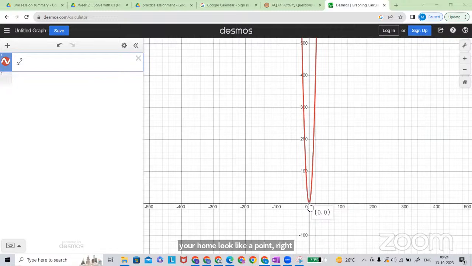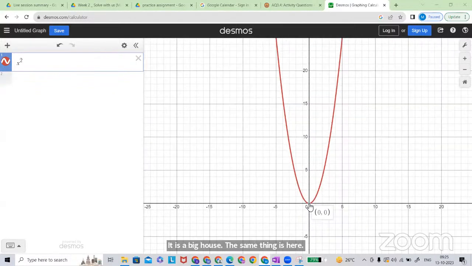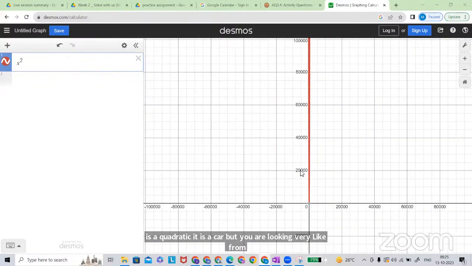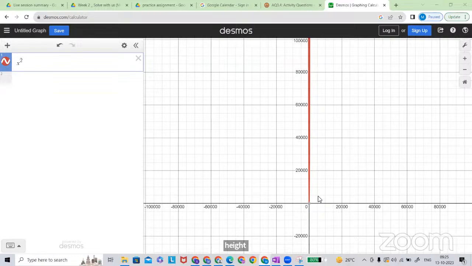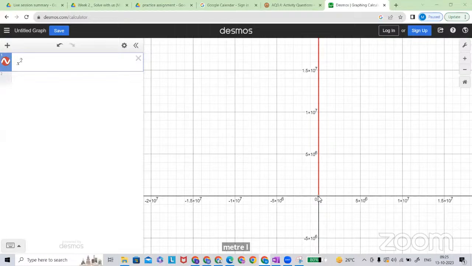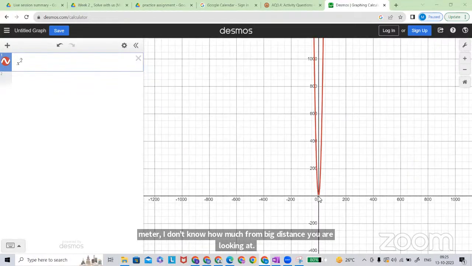But it is not a point in the plane. It is a big house. The same thing is here. It is a quadratic, it is a curve, but you are looking from a big distance, like 200 meters. So it will look like a line. That's the reason. Yes, sir. Okay.